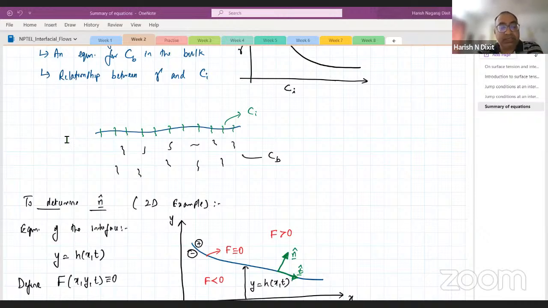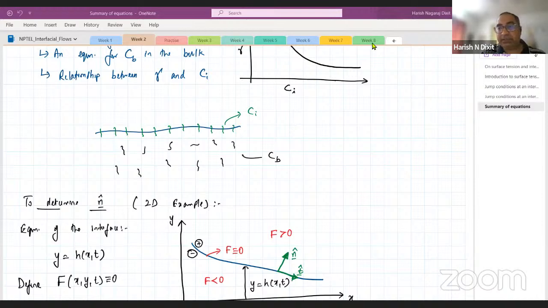Sorry about that. So imagine a flat interface with concentration variations along it, and assume that horizontal is x. Then the surface gradient is simply del C_I by del x. Now, why is it del x? Because if the interface is flat, the derivative along the surface is basically the derivative along x.